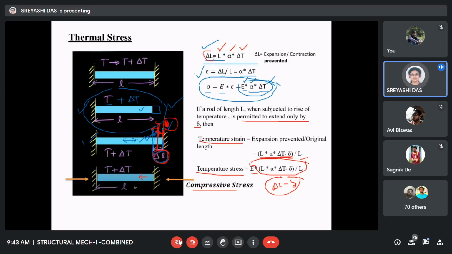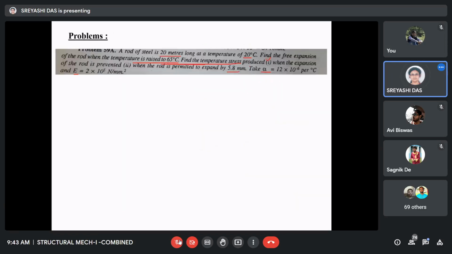So delta L you can find out. After getting this delta L, you can find out the strain. And after getting this strain, you can find out the thermal stress when the full expansion is prevented.